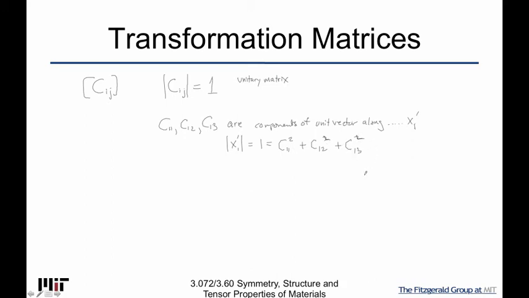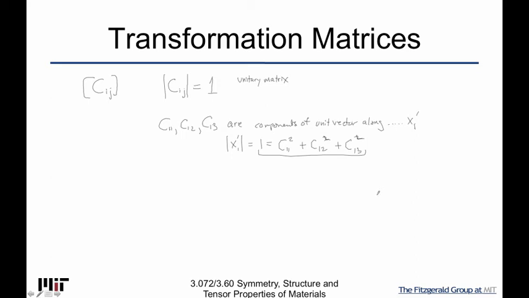That will be true for any of the rows, right? I'm just using x1 as an example. And the columns are also the same: the squares of the columns add up to 1. So if you go down C11, C21, C31, the same thing happens there.